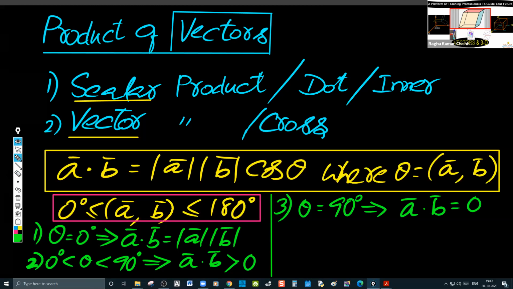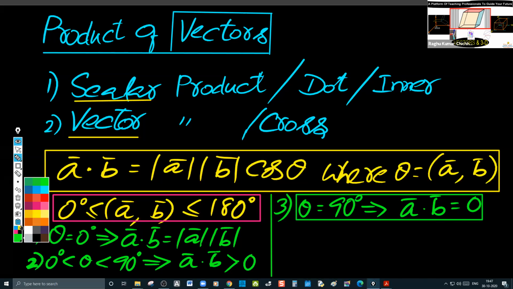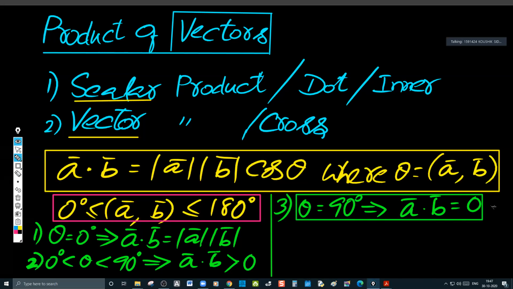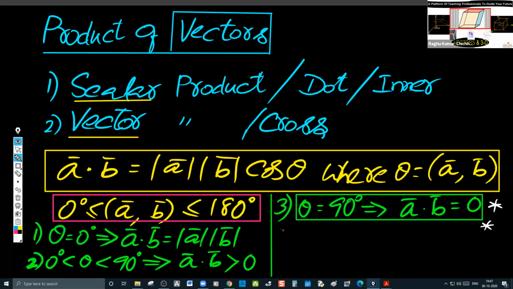It is the most important case. If you want me to give a star rating to this one, I'll give 4 stars to this one. That much important it is. The 5th star is your choice.